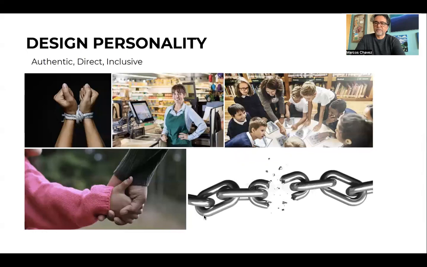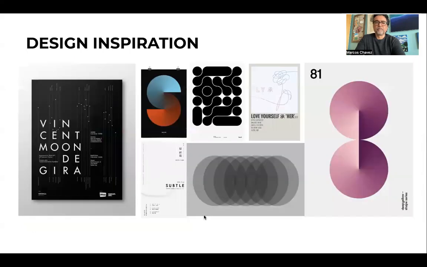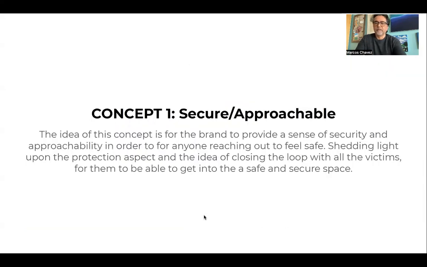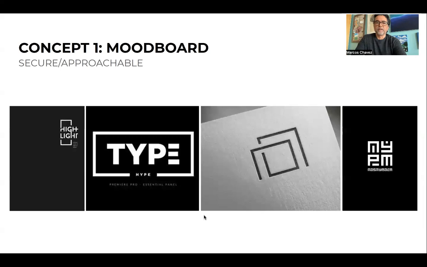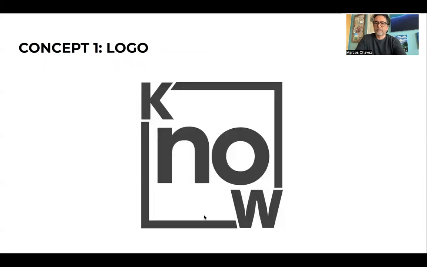And then the design personality, mood boards that visualize the look and feel of the brand in a general overall way. And then this is the part we've been working on, the concept section for the logo, and the mood board for the visual inspiration, and then the design itself.